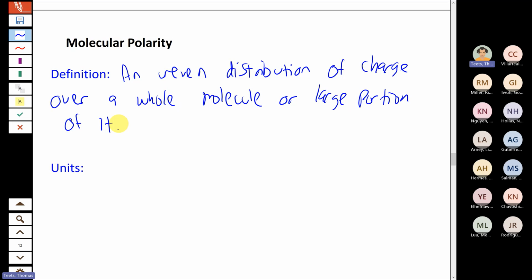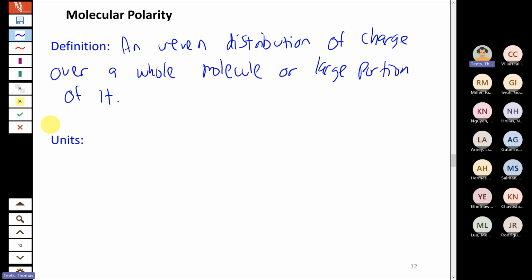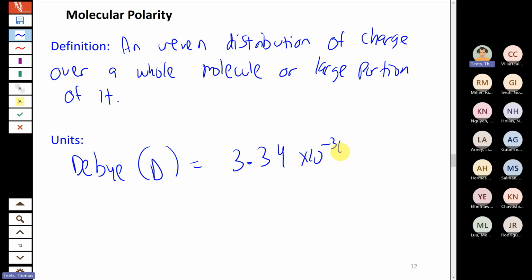Now we're not going to really talk about this in a quantitative sense in this course. We're not going to be measuring or doing calculations about polarity, but there is a way to measure and quantify it that I just want to briefly introduce to you. So the unit for polarity is called the debye, abbreviated as capital D. It's equal to, I'm not sure exactly where this number comes from, 3.34 times 10 to the minus 30 coulomb meters.